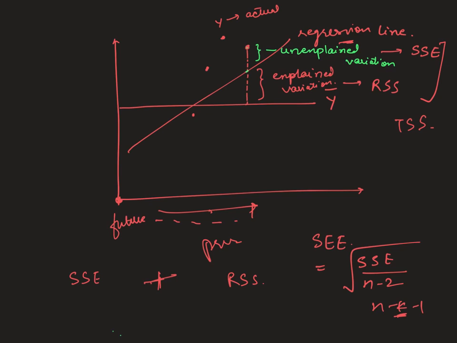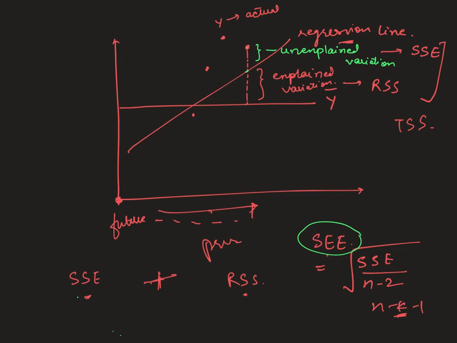So sum of squared errors, residual sum of squares, and what is this one called? Just a second. Standard error of estimate. So that's what SEE is, it's standard error of estimate.